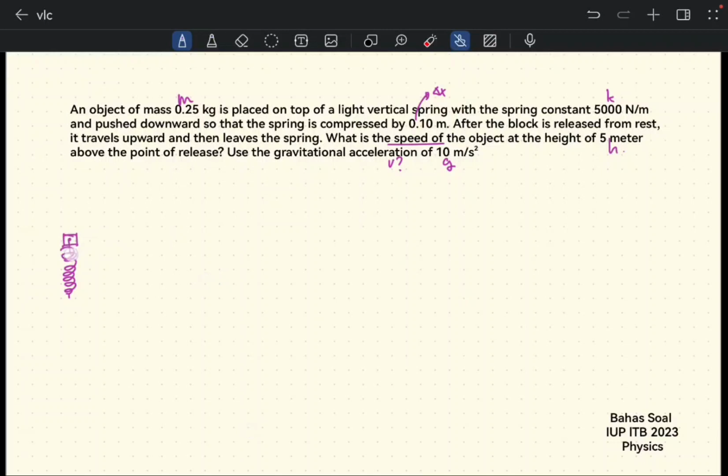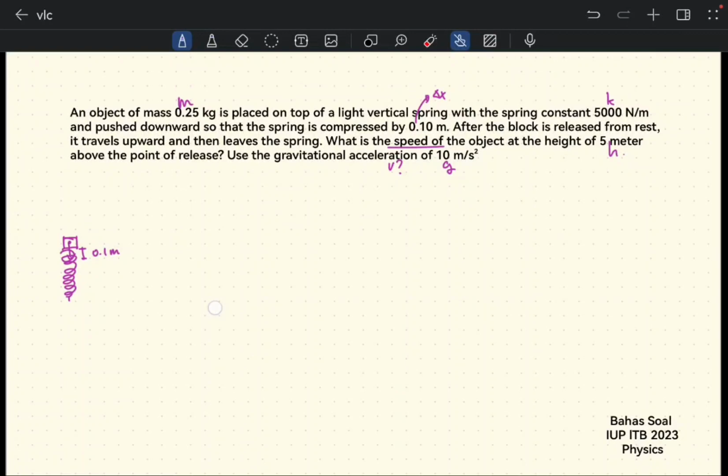So the mass will push the spring until it compresses by 0.1 meter. At this point, we have potential energy of the spring.